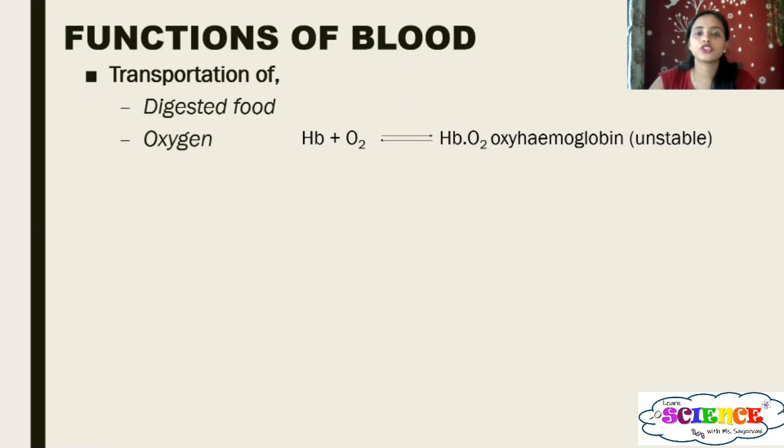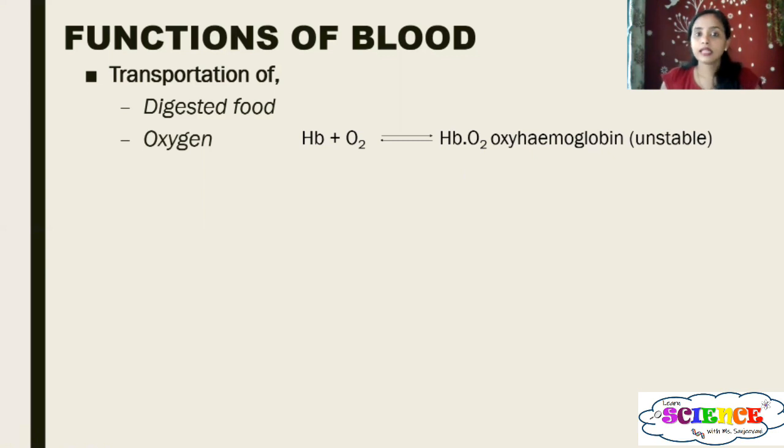Hemoglobin combines with oxygen and forms a comparatively unstable compound, oxyhaemoglobin. This oxyhaemoglobin transports oxygen to needy tissue where it gets broken, and the oxygen is used by the tissue.